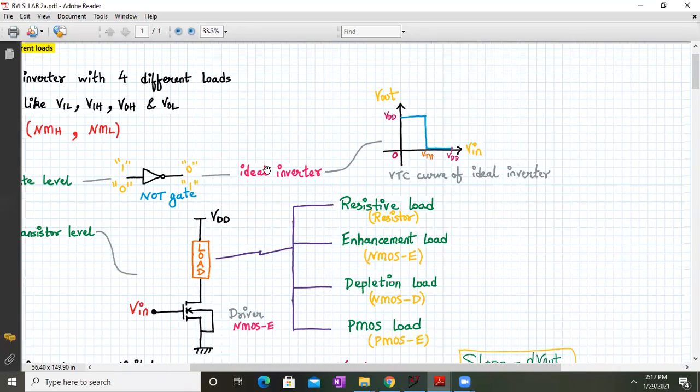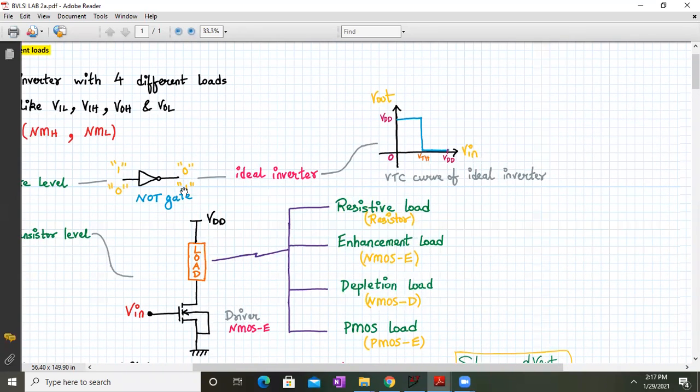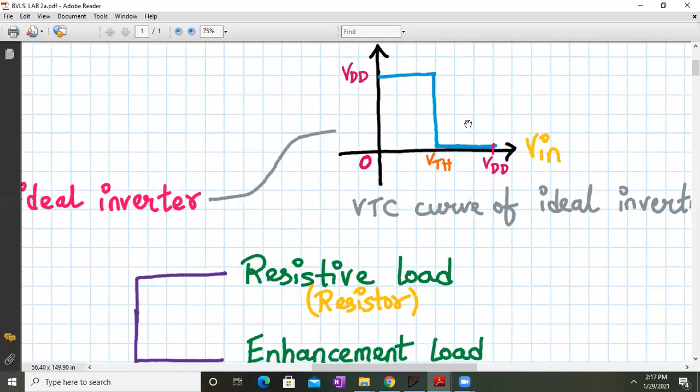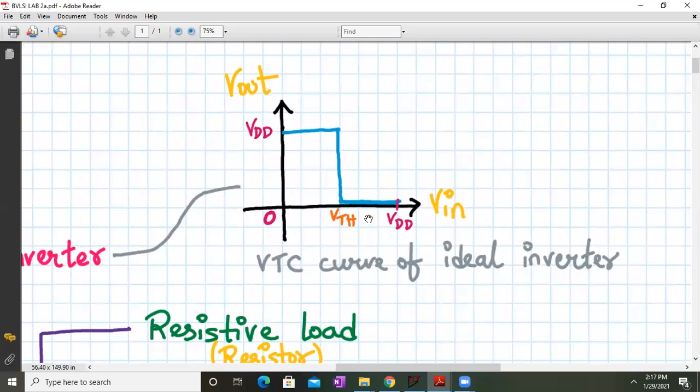A NOT gate is an ideal inverter. It will invert whatever is applied at the input. The VTC characteristics of the ideal inverter will be like this. VTC means V out versus V in, correct? As you can see very clearly, whenever input is low, output is at VDD. VDD is considered to be logic 1, and logic 0 will be 0 volts.